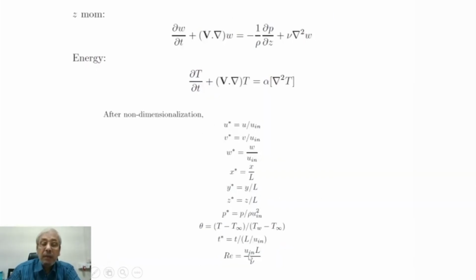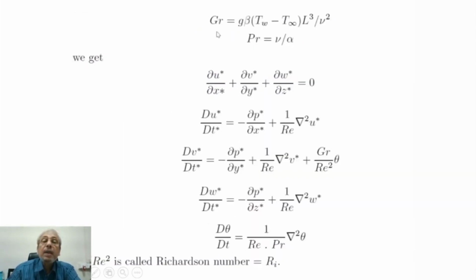So these are the non-dimensional quantities. Grashof number will be involved, which is given by g beta, temperature difference, length cube by nu square, and the Prandtl number. So this is the non-dimensional continuity equation, the non-dimensional momentum equation in x direction, and in y direction.